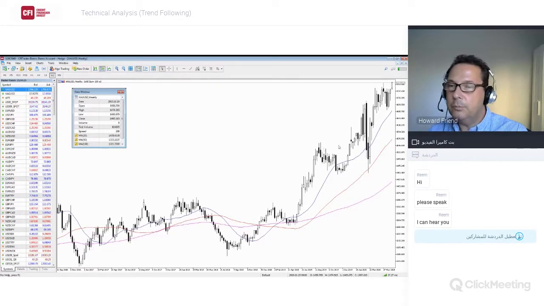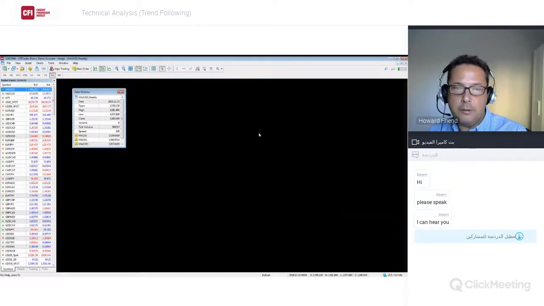Up it goes, pulls back. Rising 20-week pretty much makes support, new high, pullback, finds support on the rising 50-week moving average, back up to new highs. The previous dip didn't quite get back to the rising 20-week. But gold looks to me to be pretty constructive, and I think we're going to be heading up towards the highs that we saw several years back.